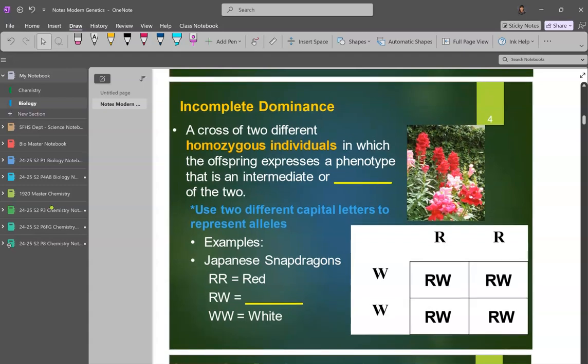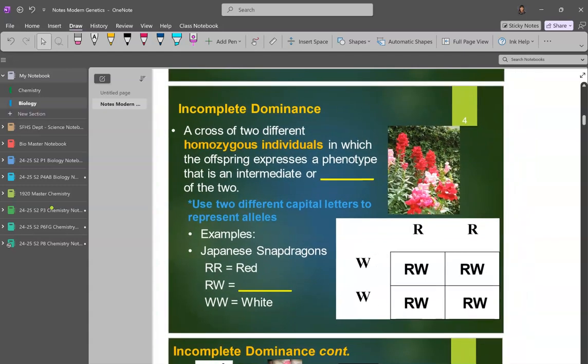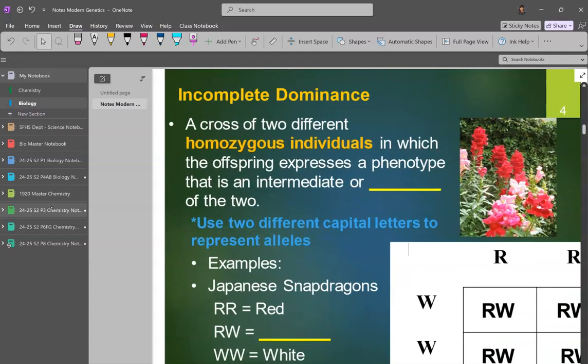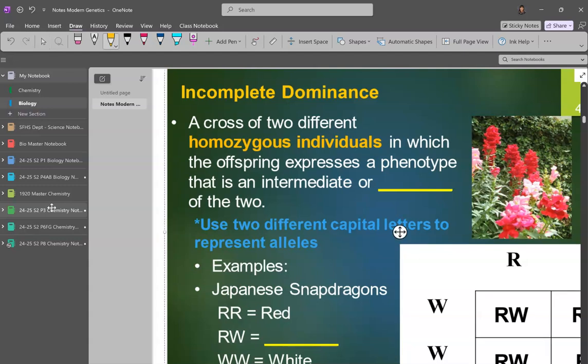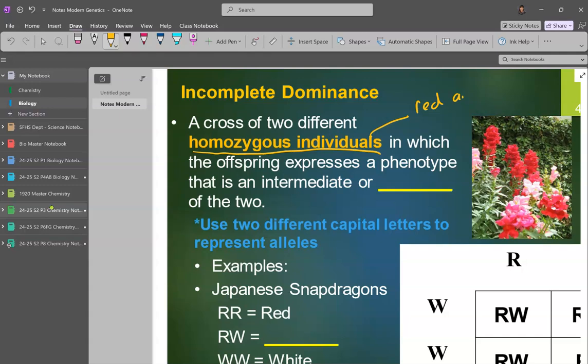So the first example is going to be incomplete dominance. For example, in Japanese snapdragons, which is a type of flower, you can have red flowers, white flowers, or pink flowers, which is a combination of the red and white. So you can have those that are homozygous, such as the red and white in this example.